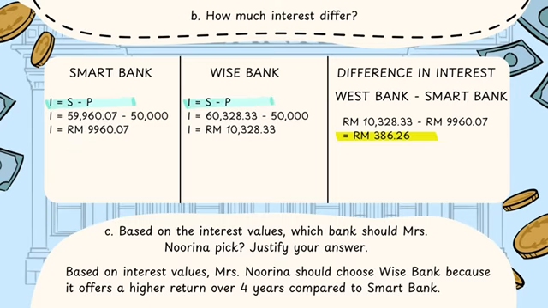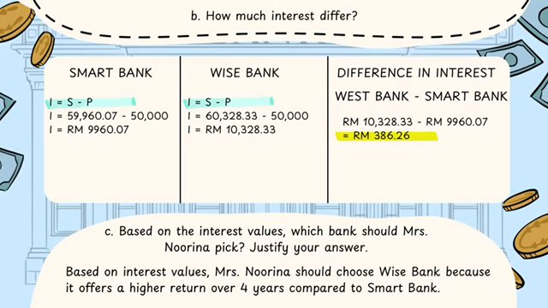B. How much does the interest differ? For Smart Bank, I equals S minus P, that is 59,960 ringgit and 7 cents minus 50,000, giving interest of 9,960 ringgit and 7 cents. For Wise Bank, I equals S minus P, that is 60,328 ringgit and 33 cents minus 50,000, giving interest of 10,328 ringgit and 33 cents.